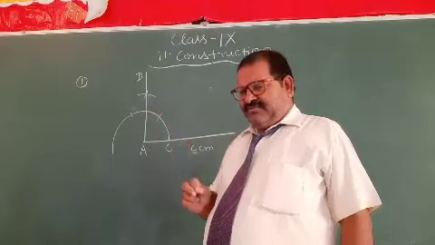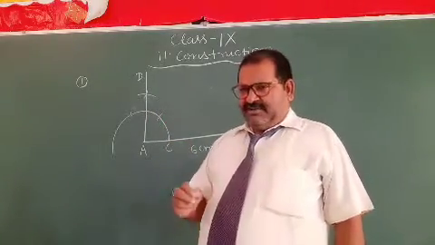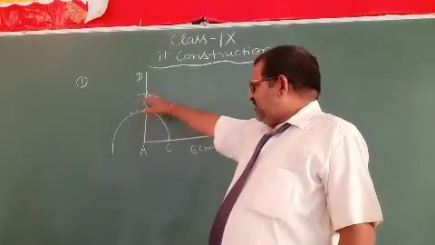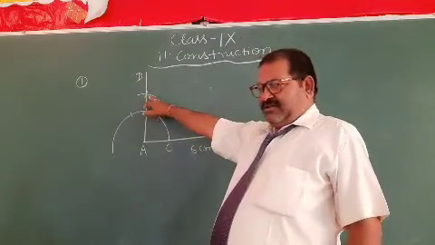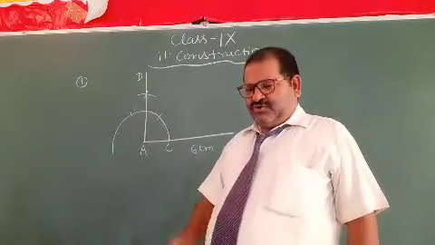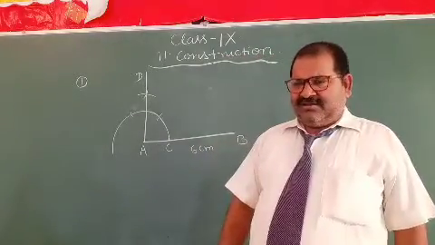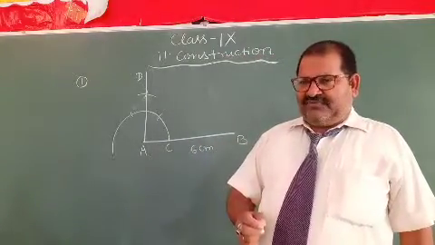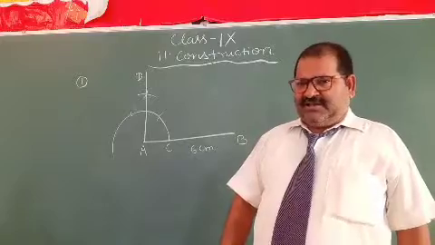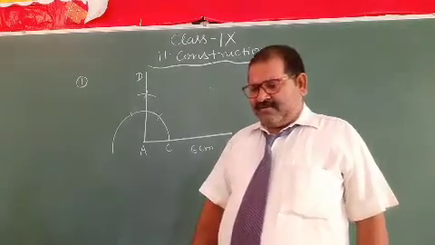Number 5, join the line from A to the intersected arc and produce it to D. So the required angle of 90 degree is formed. Clear? Okay.